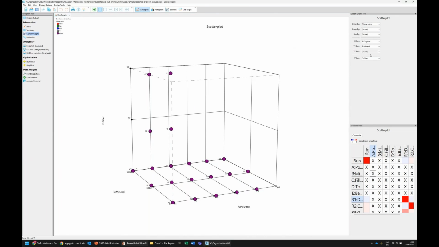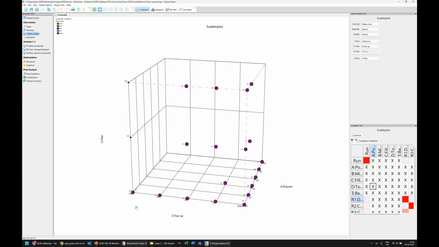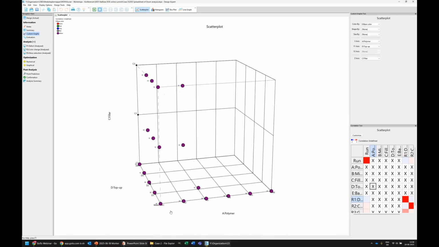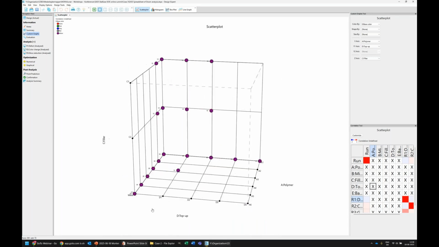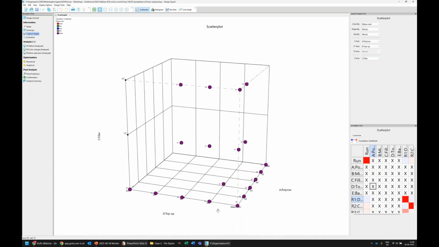It has not been tested at the same level at all. And maybe let's change this one to here. So it's for the top up. The different options for top up have only been tested with one polymer, not with all of them. So this is a completely unbalanced design and a bit of an omen of things to come.